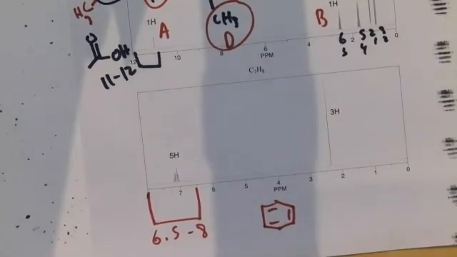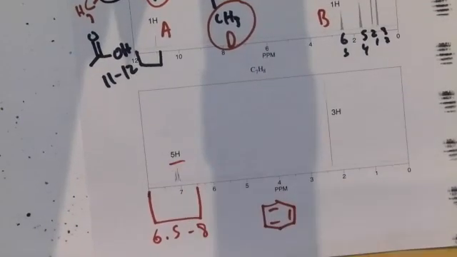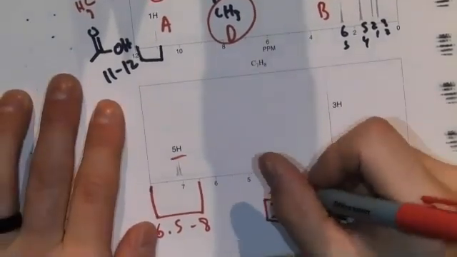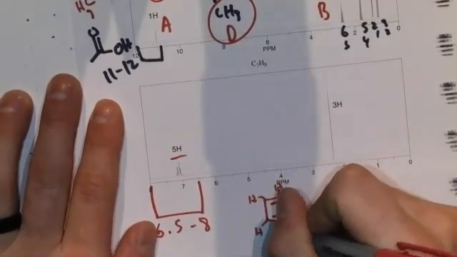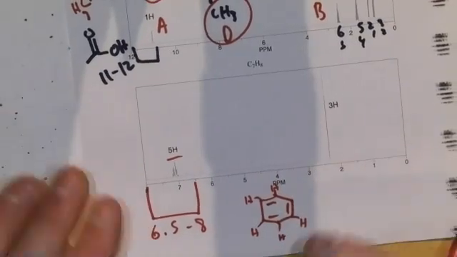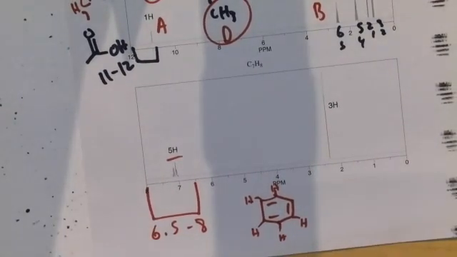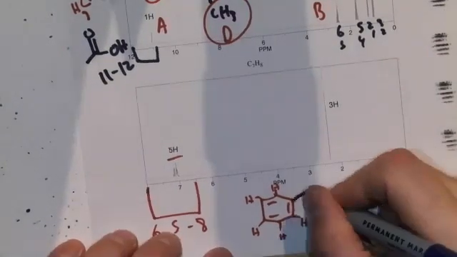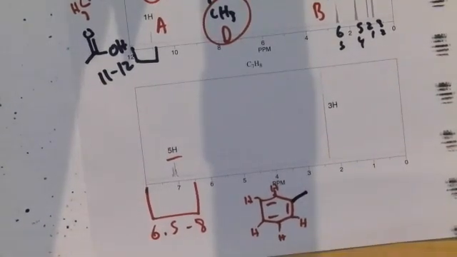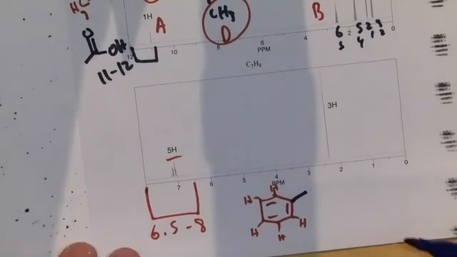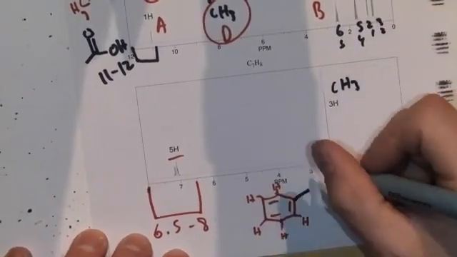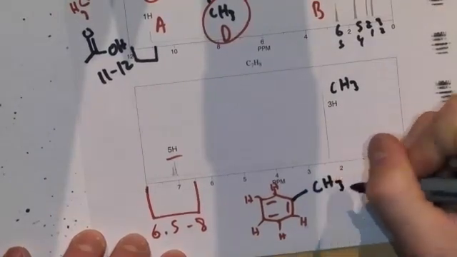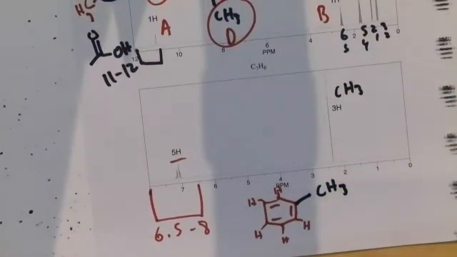So for this example, it's a 5H, which means of the 6 possible positions on a benzene ring, 5 of them are filled, which means we only really have one spot open here. Next to a benzene ring is kind of like next to a carbonyl. It's in that 2 to 3 range. There's a CH3 here. That's our only other signal. It's going to end up on our benzene ring and give us our product.